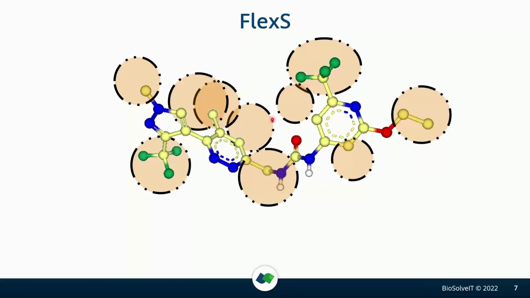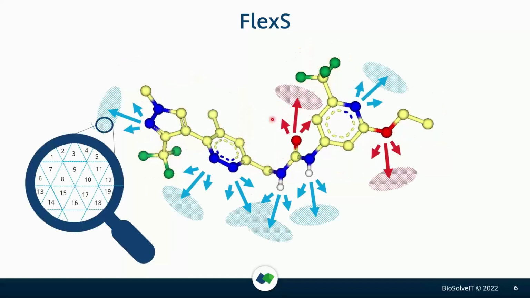So why is this important? FlexS, the algorithm behind the similarity mode, generates a pseudo receptor, a pseudo interaction point receptor, based on a ligand shape. So we do not search with FlexS for perfect matching of substructures or specific atom groups, but we try to find something that fulfills the perfect arrangement of molecular features within 3D space.